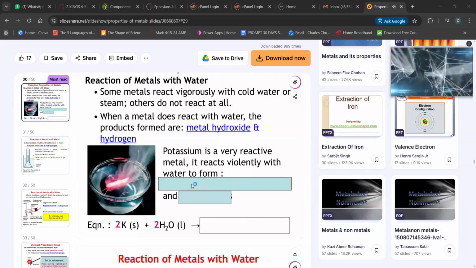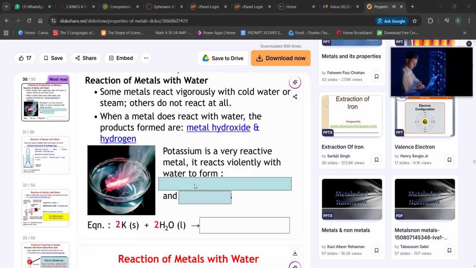But I'm not sure we can look at it here because these things are hiding behind a rectangle. But anyway, let's go with what we know, right? If potassium, for instance, is very reactive and it reacts violently with water, what will it form? Potassium hydroxide and hydrogen. Simple. Just remember that.